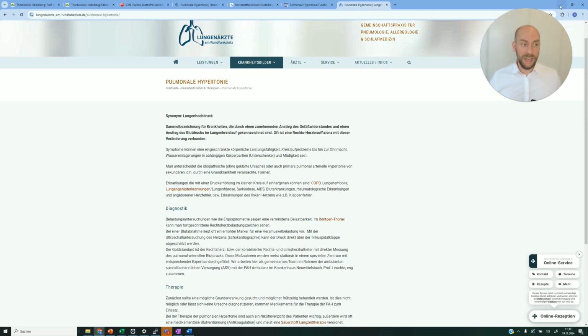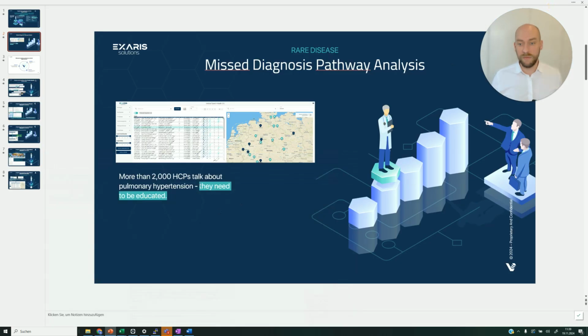And then in the next step, you are identifying awareness candidates, because those are similar personas. You have the possibility, of course, of the misdiagnosed, people who maybe diagnose pulmonary hypertension, but to be honest, it is more the arterial hypertension. This might be, but also those people, and as shown, there are several HCPs talking about pulmonary hypertension.